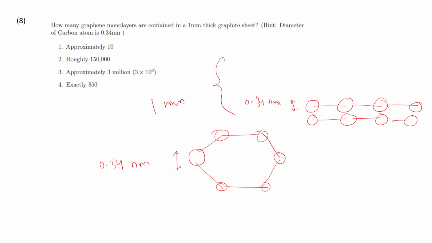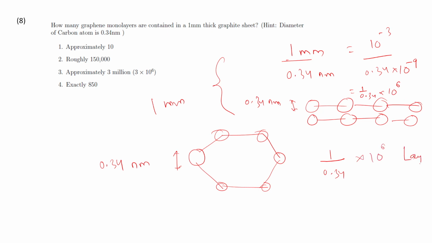So the number of monolayers will be around 1 divided by 0.34 nanometer, which means 10 to the power minus 3 by 0.34 into 10 to the power minus 9, which is nothing but 1 by 0.34 into 10 to the power 6 layers, which is 3 into 10 to the power 6 layers approximately.